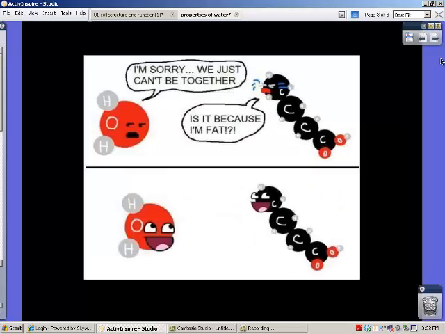I have a cute little picture up here that has a water molecule saying to a fat molecule, I'm sorry, we just can't be together. The fat molecule turns around crying and says, it's because I'm fat. This is supposed to show that since water is polar, polar molecules can dissolve other polar molecules.